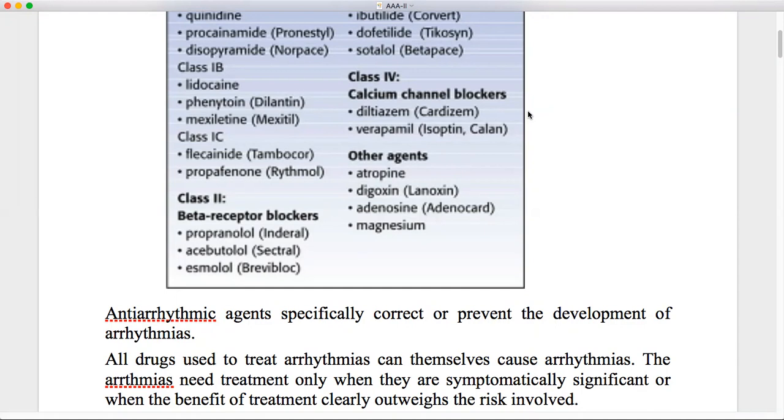Right. Now, coming to the agents, these are the drugs used to treat cardiac arrhythmias. So these are the agents which will specifically correct or prevent the development of arrhythmias.